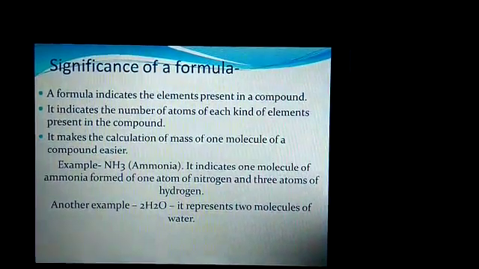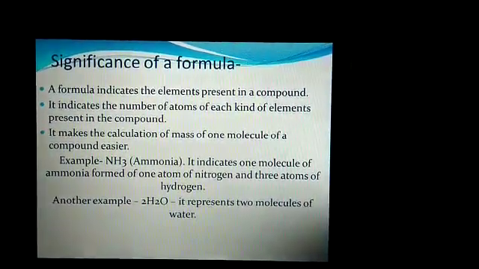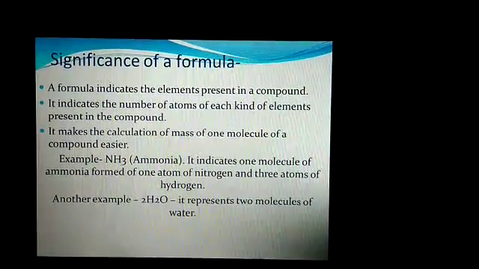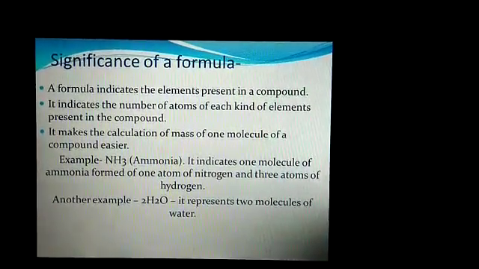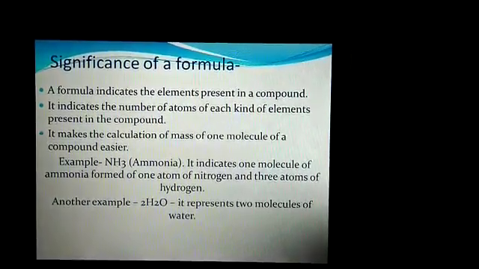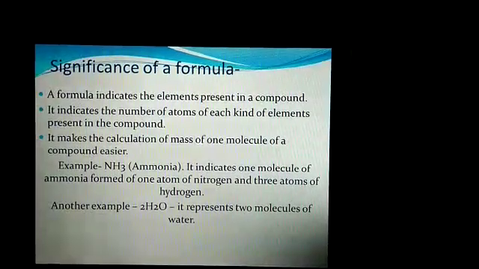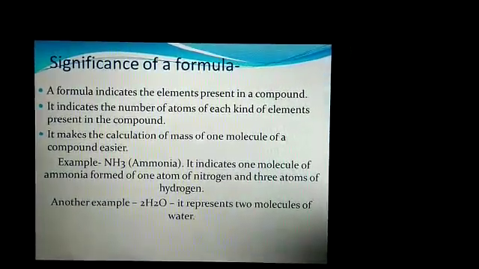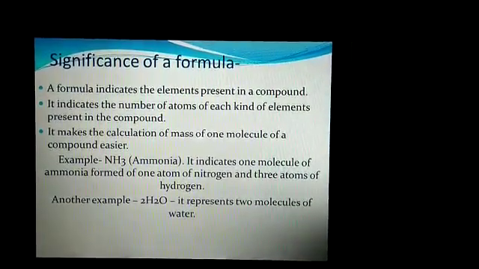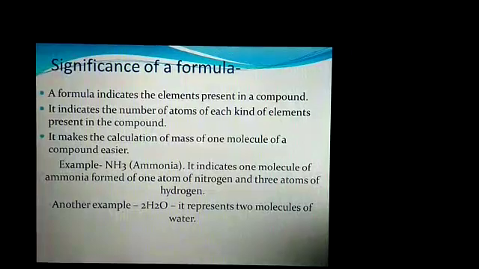The next is the significance of a formula. A formula indicates the elements present in a compound. Second, it indicates the number of atoms of each kind of element present in the compound. Third, it makes the calculation of the mass of one molecule of a compound easier. An example is NH3, ammonia molecule.